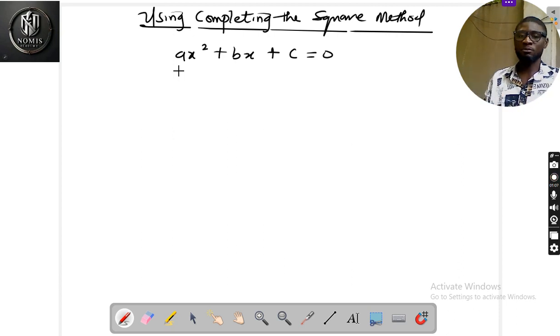So the almighty formula is a formula that is gotten from this form, ax squared plus bx plus c. So how is the almighty formula gotten from this form of quadratic equation? It is the use of completing the square method.